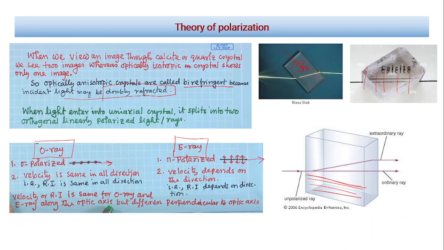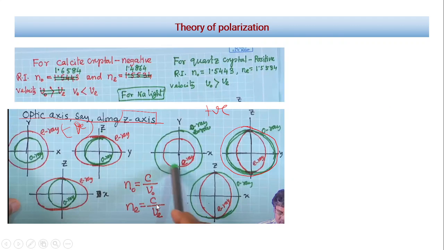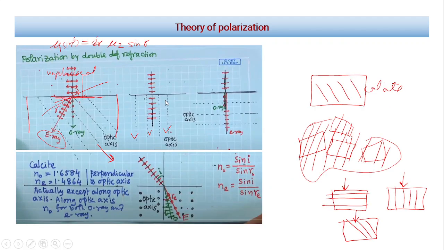Because we had seen that the velocity for the O ray and E ray is the same along the optics axis. So the unpolarized light will come out of the material without any change. And I already explained why we can have different directions of optic axis in same-looking rectangular slabs: because we cut them in different fashions.